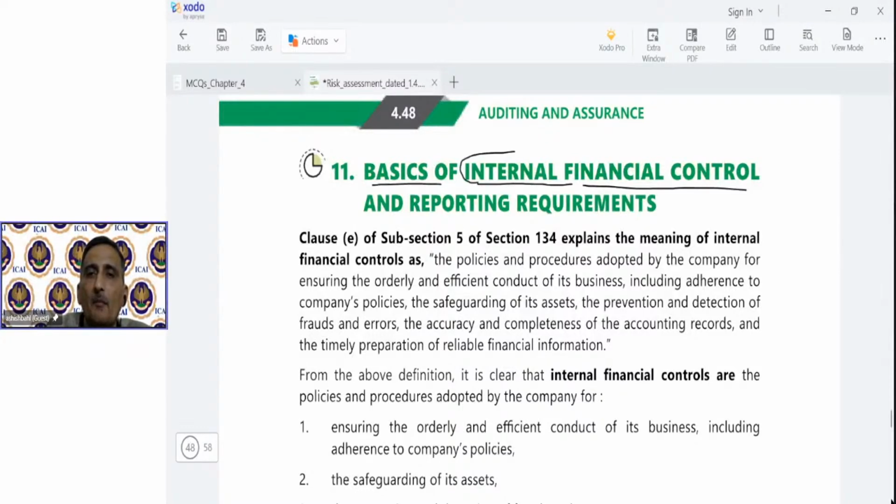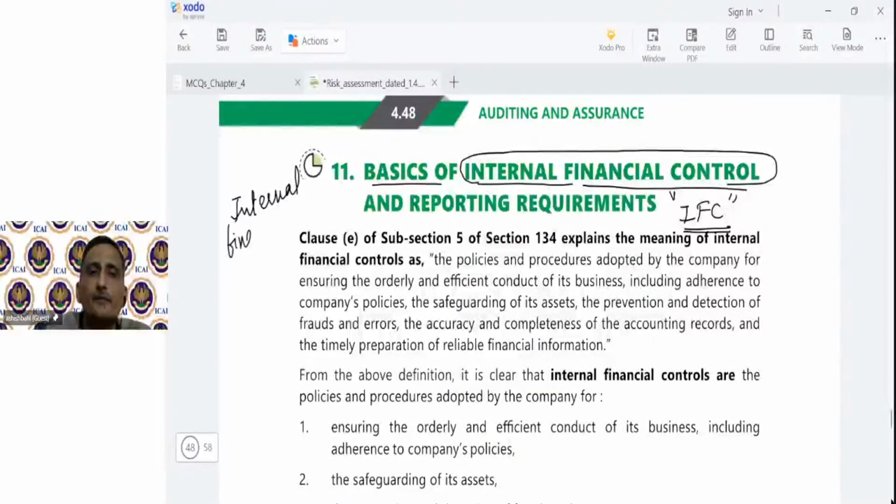The term is internal financial controls, IFC. Until now we have read about internal controls, students, and now this is a term, internal financial controls. Internal financial controls is a law requirement.